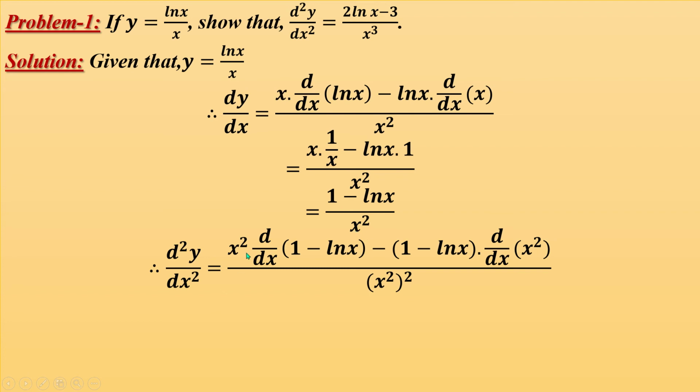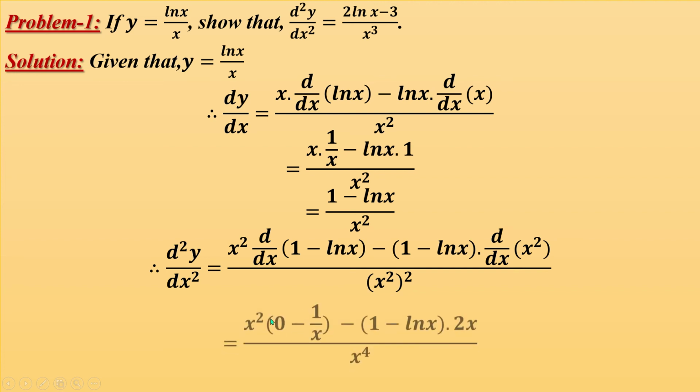So v into the derivative of u, u meaning 1 minus ln x with respect to x, and minus u fixed, u meaning 1 minus ln x fixed, into the derivative of x square with respect to x, divided by v square, as v equal to x square, so here will be x square whole square.